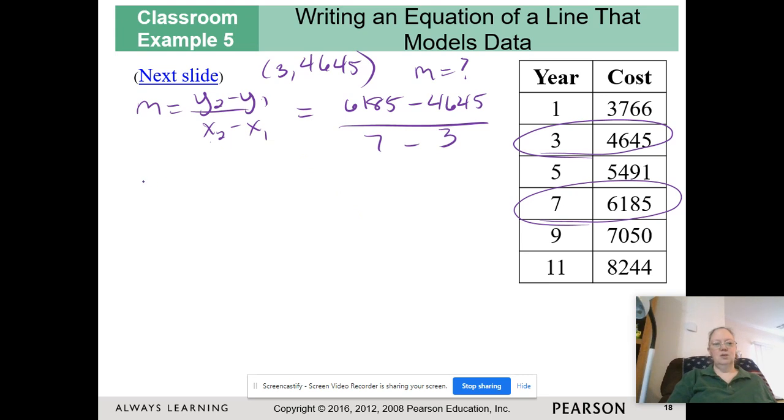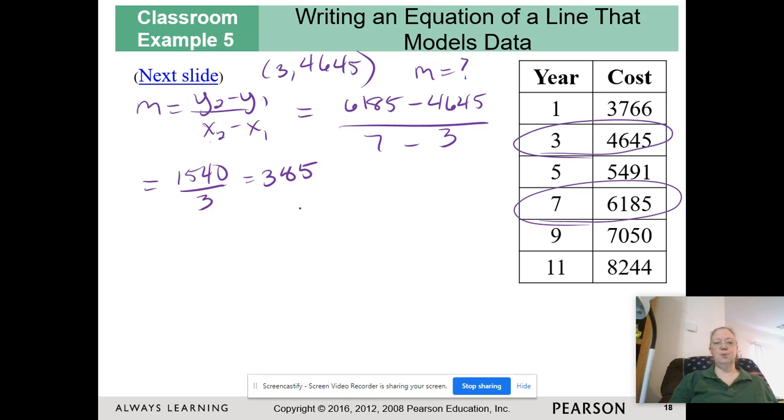I'm going to use a calculator for this. So 6185 subtract 4645 gives us 1540, and 7 subtract 3 is 4. Let's see if it goes in evenly. It does: 385.